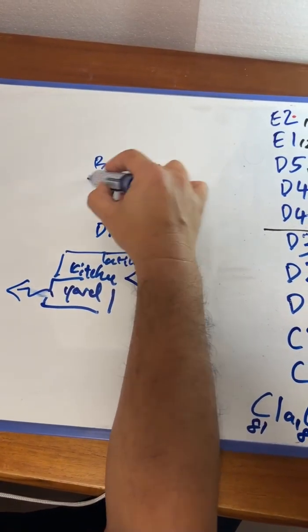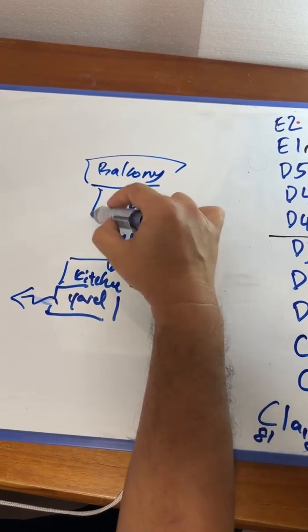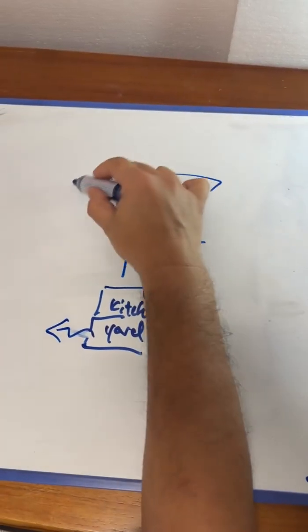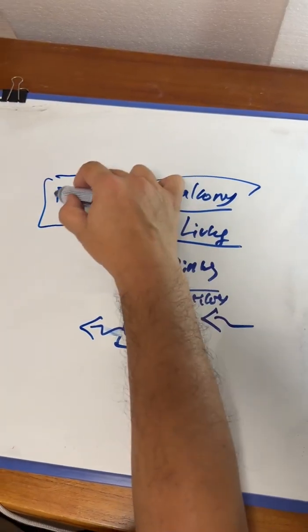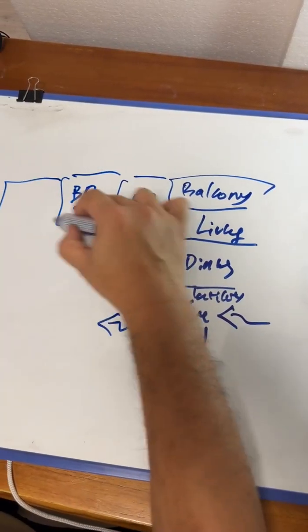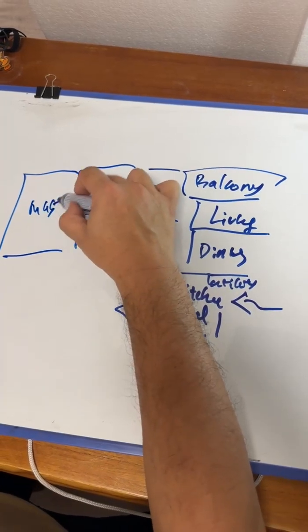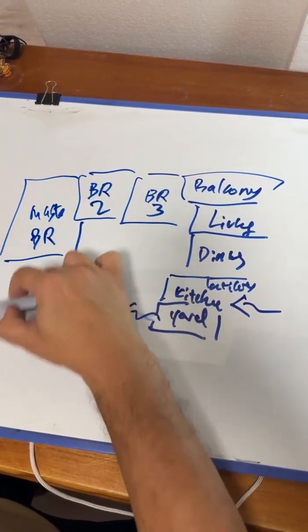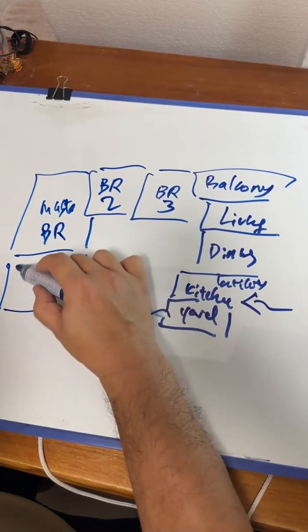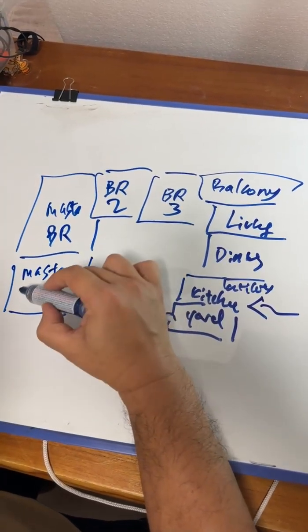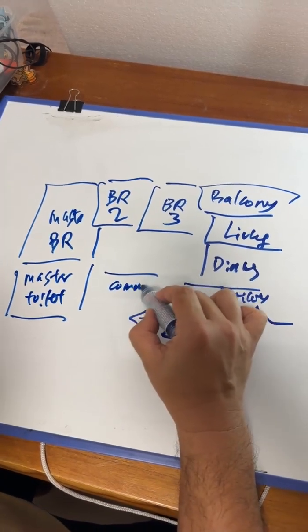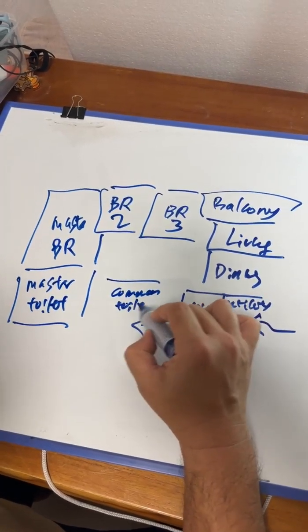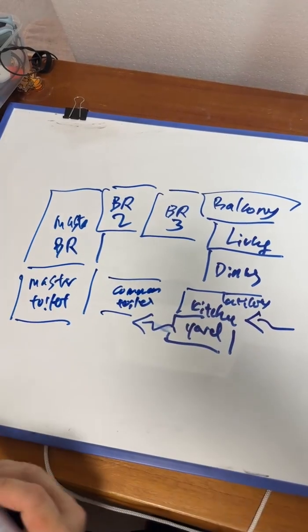After that, you have your bedroom 3, bedroom 2, and then the master bedroom. This one doesn't have a walk-in wardrobe. So you have your master room toilet, and this is your common toilet. So what is the difference?